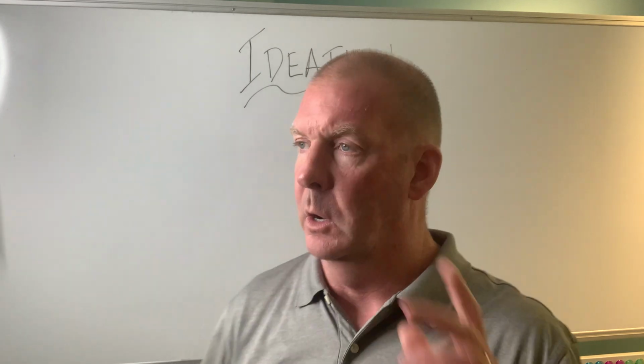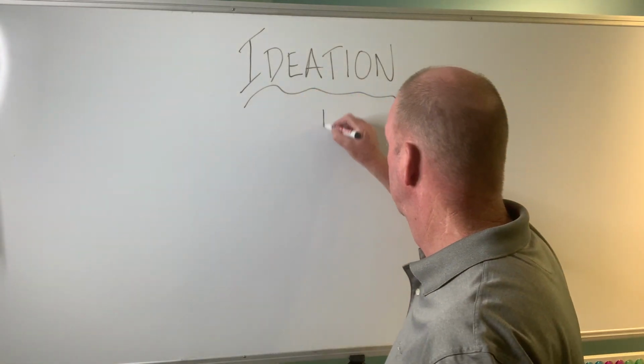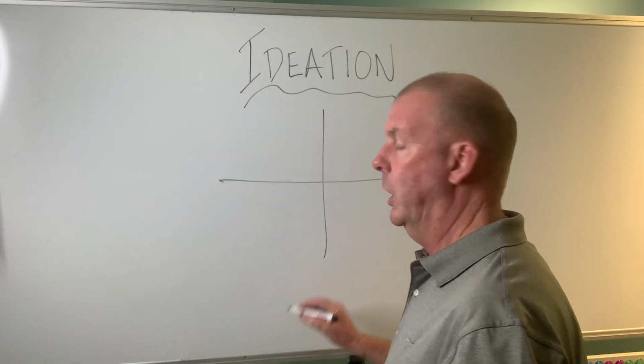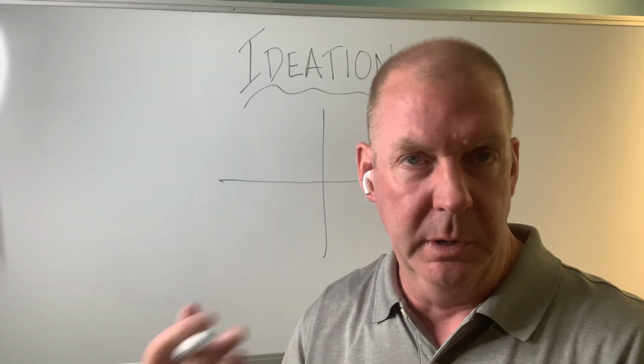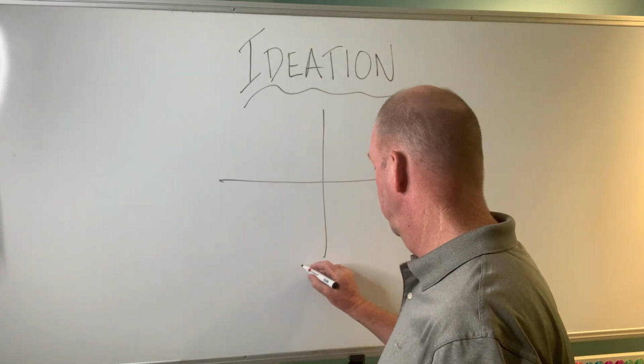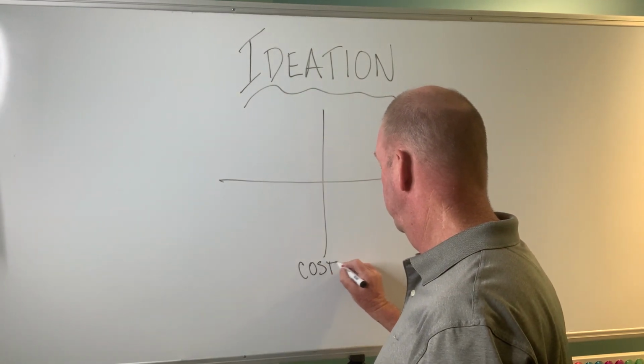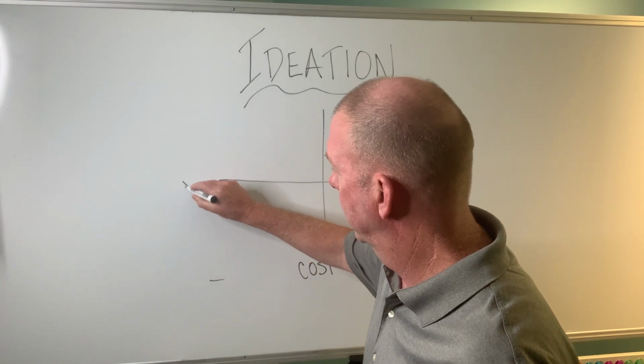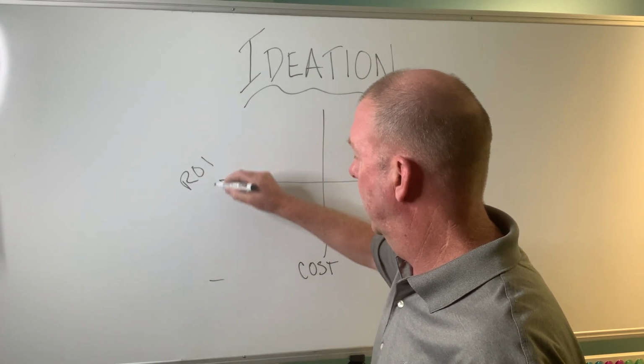Remember also, we have this little 2x2 grid when we're charting ideas we come up with. This can be a tool that you use while you're doing this, and then we have this metric about cost and impact, or ROI.